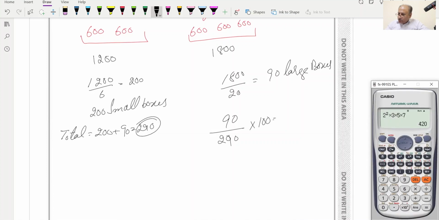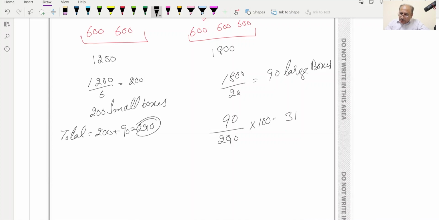This will be 90 over 290 multiplied by 100, which gives us the percentage 31.0, so we can write 31%. So 31% of the boxes are large.